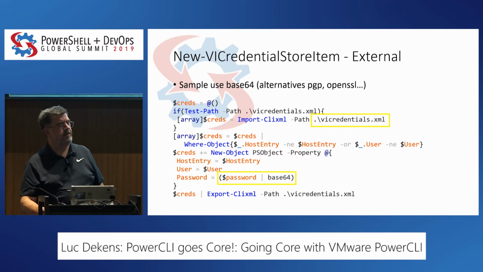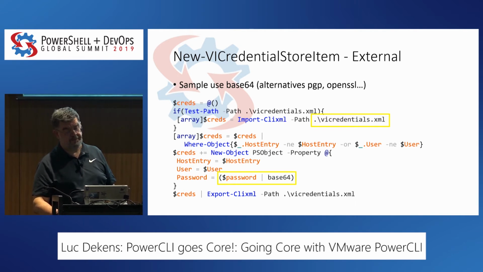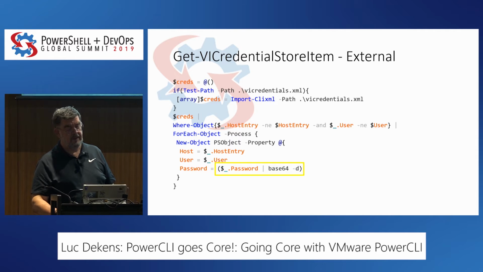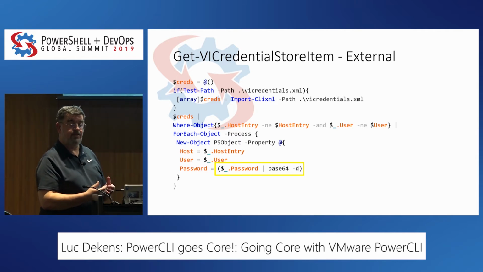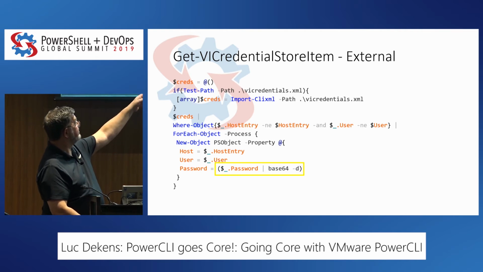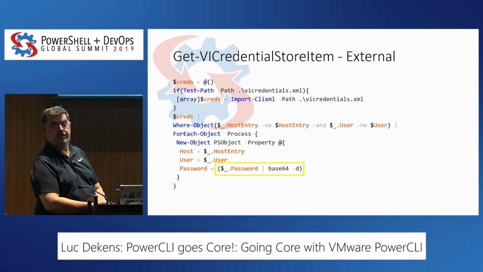For example, I'm not very familiar with Mac OS. If they have another way of encrypting, you could easily replace it by one of those. And then again, when you want to extract it, the get commandlet, in this case, there's one extra parameter to base64, which is the -d for decrypt.